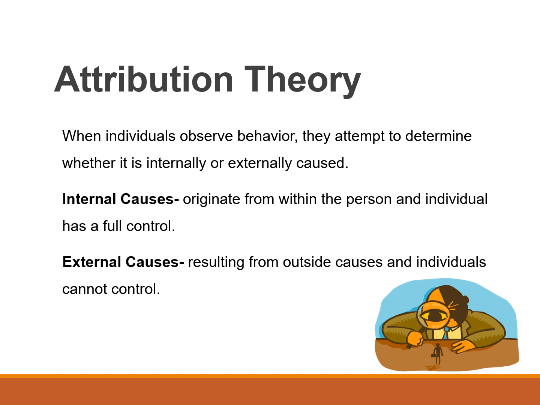And also we attribute the behavior of other people and interpret it based on external causes, that is, resulting from the outside and cannot be controlled. So matters that happen in the environment cannot be controlled, but our attitudes, our hard work, our beliefs can be controlled by ourselves. Those are considered internal causes.